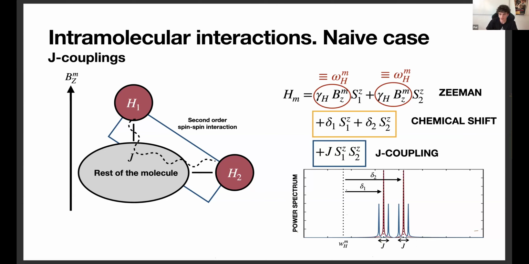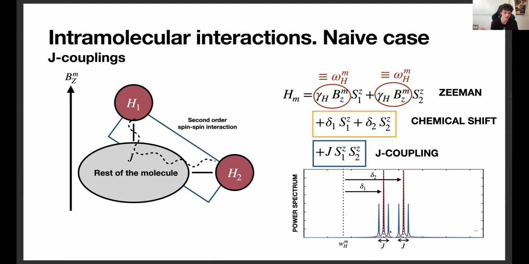So in the end, at the end of the NMR experiment, I would get a spectrum like the blue one, and this can tell me information about the chemical shift because it's the center point of all the peaks, and the separation between the peaks will give me information about the J-coupling. So this is more or less the idea behind any NMR experiment.